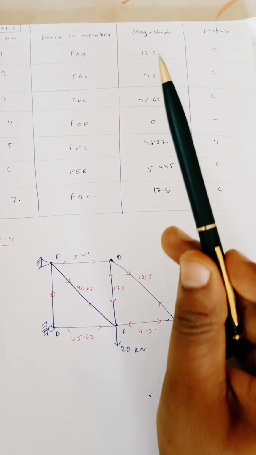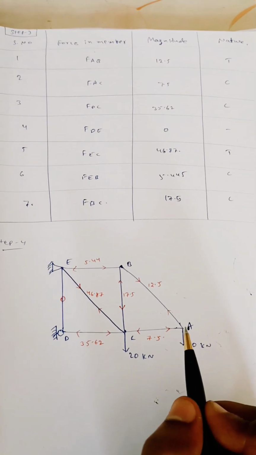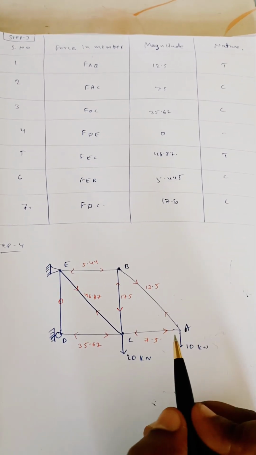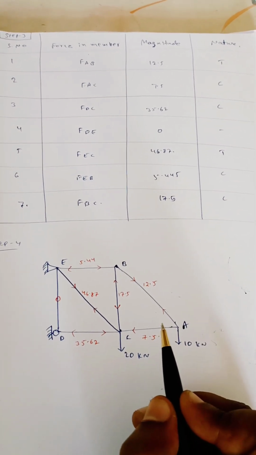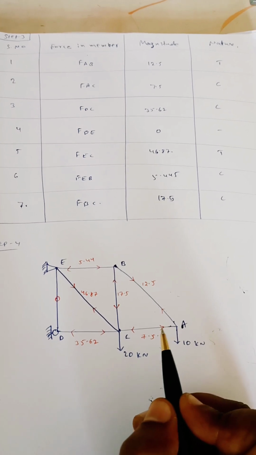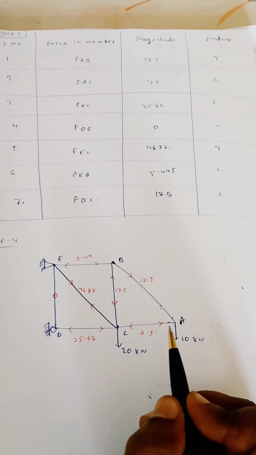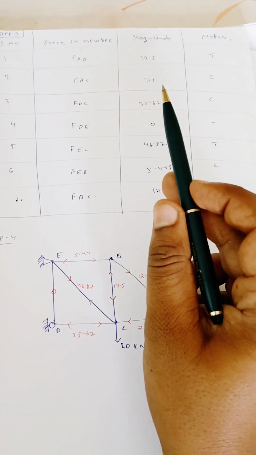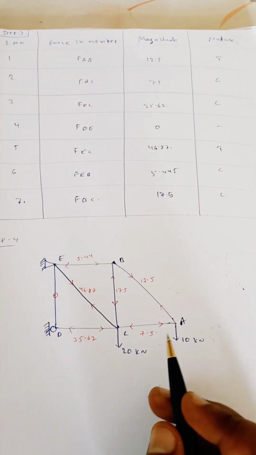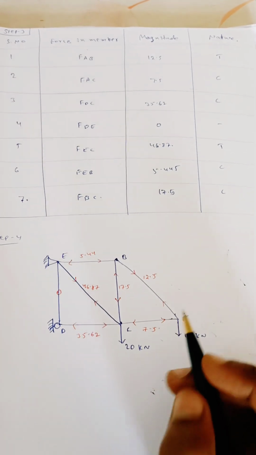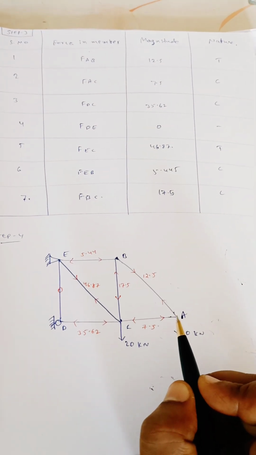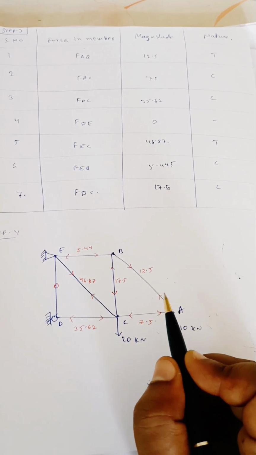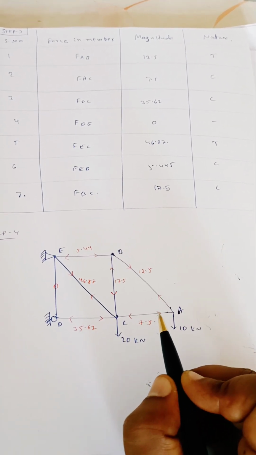If it is tension in nature, you have to take it away from the joint. If it is compression, you have to take the direction towards the joint. See, AC is minus 7.5, compression, so towards the joint. Remember this point carefully: if it is tension, it is away from the joint, and if it is compression, it is towards the joint.